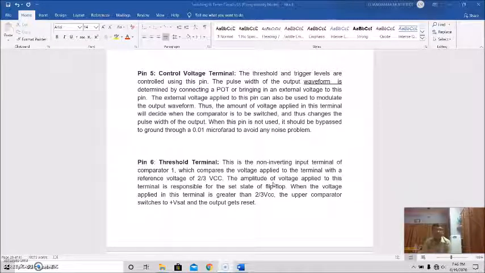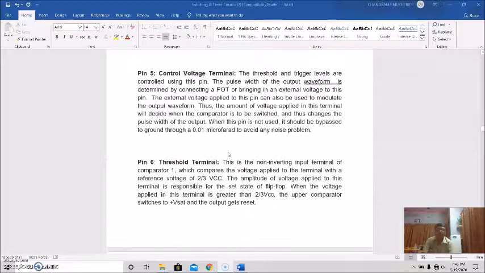The external voltage applied to this pin can also be used to modulate the output waveform. Thus the amount of voltage applied in this terminal will decide when the comparator is to be switched, and thus changes the pulse width of the output. And when this pin is not used, it should be bypassed to ground through a 0.01 microfarad capacitor to avoid any noise problem.